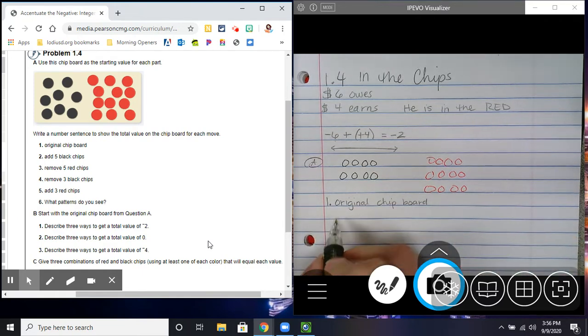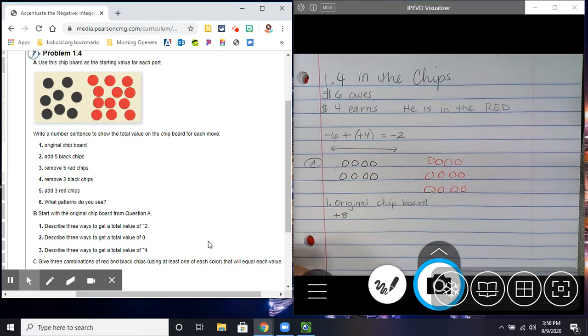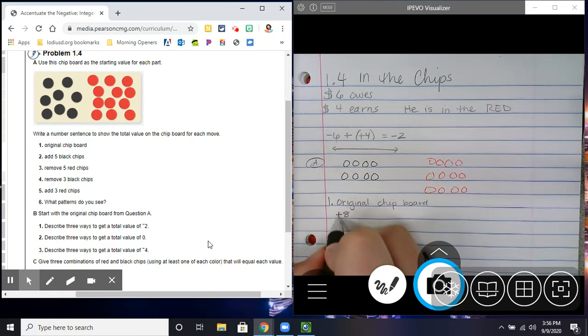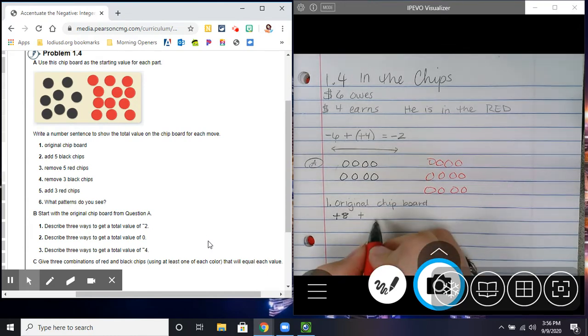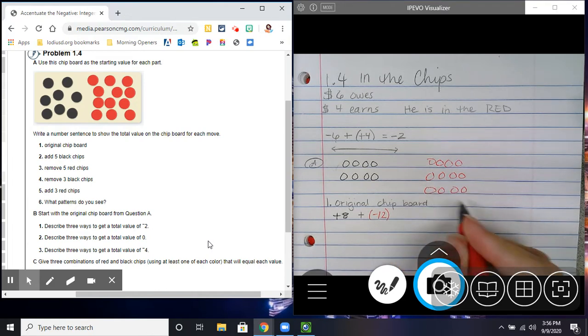Okay, so these are positive, right? Because black is income. So we have positive 8 for the black, and then we have negative 12 here.